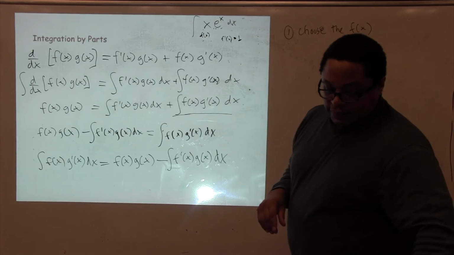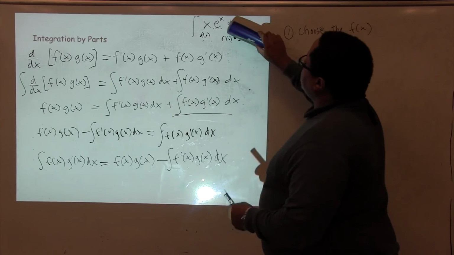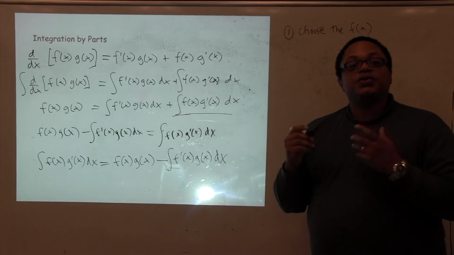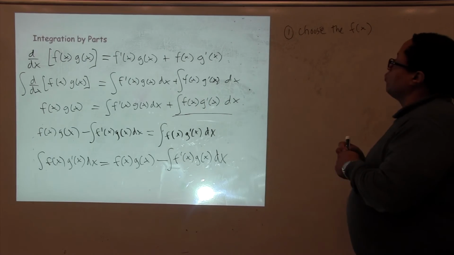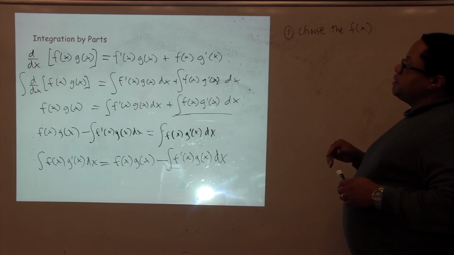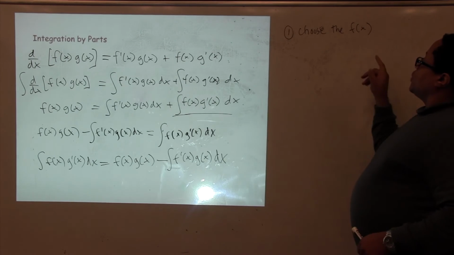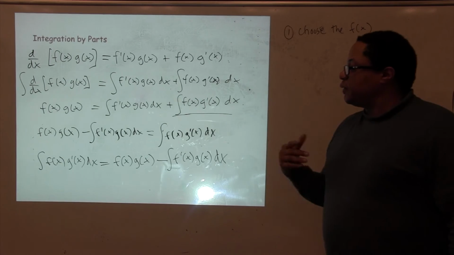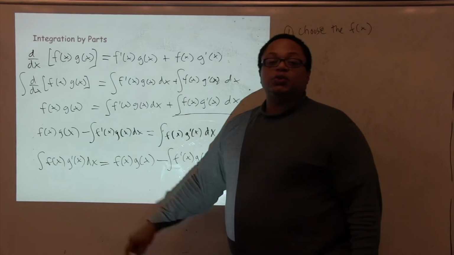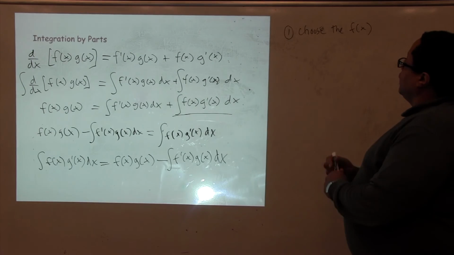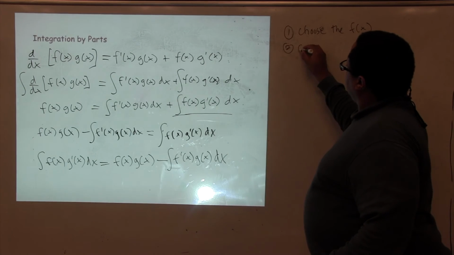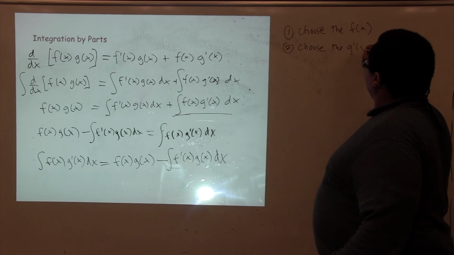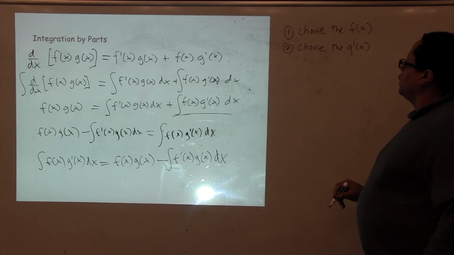So let's write down a scheme for how we're going to do this integration by parts. And it comes from differentiation by parts. So step one, we choose the f of x, right? So we have an integral expression of this form. We choose which term is the f of x term. Then step two, we choose the g prime of x term, right?